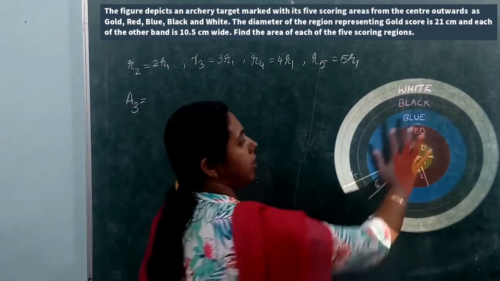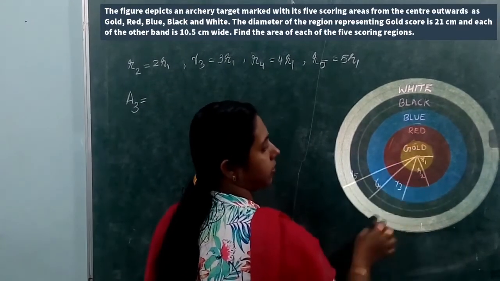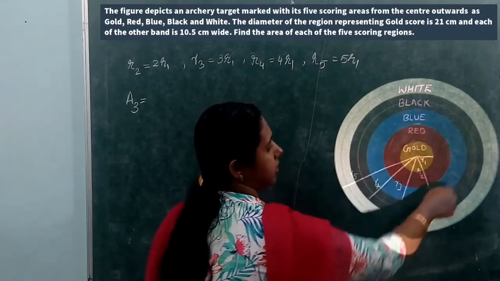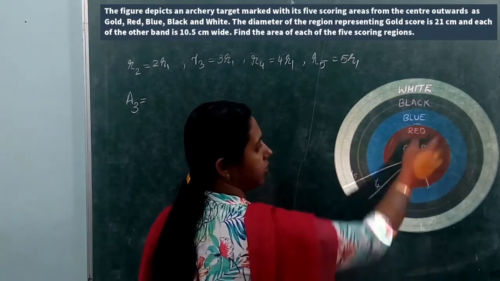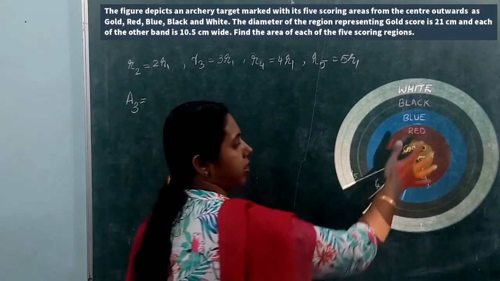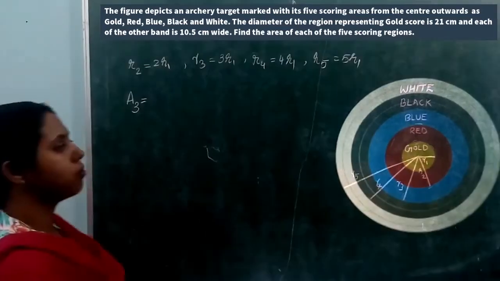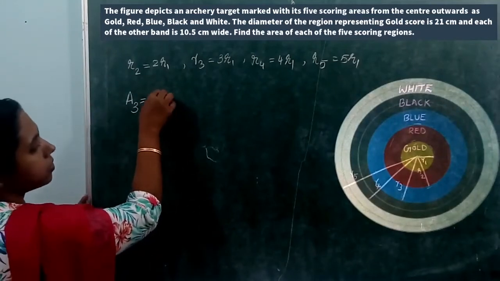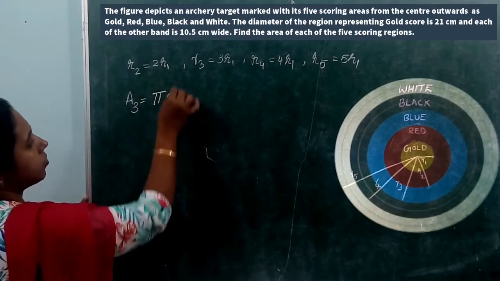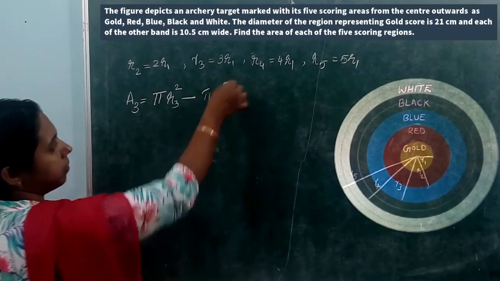The area of this circle is pi R2 square. And this is the big circle, whose radius is R3, so its area is pi R3 square. So pi r3 square minus pi r2 square, you will get the blue region.